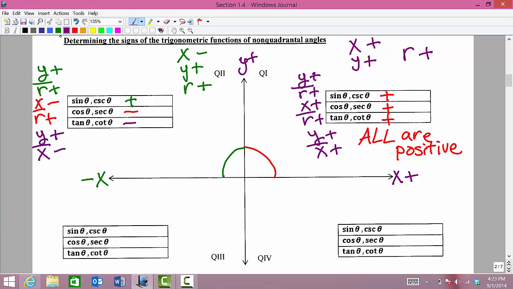So here in this quadrant, let's write what's positive here: sine and cosecant are positive.